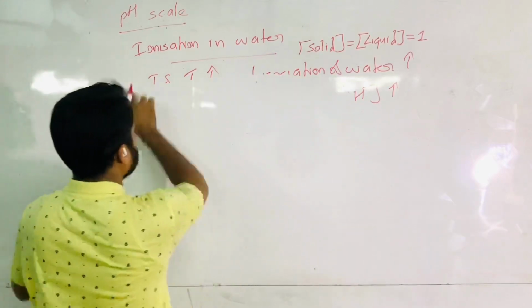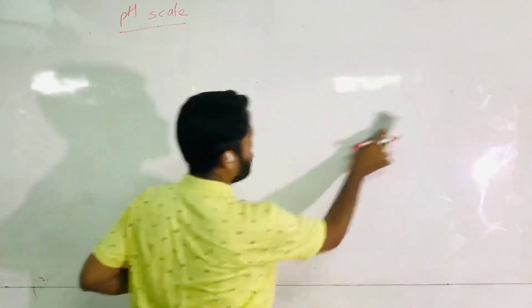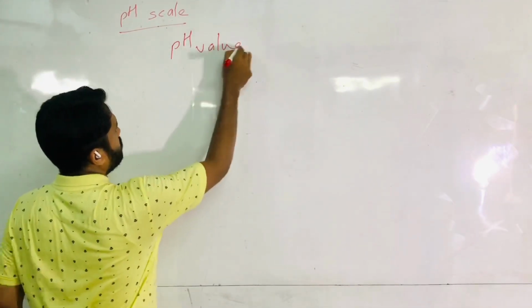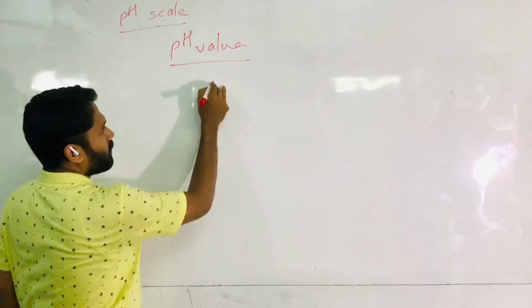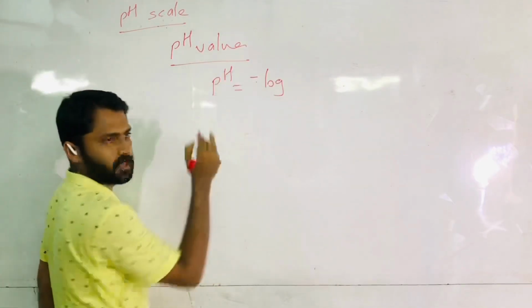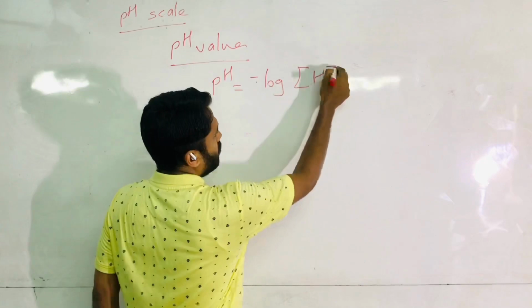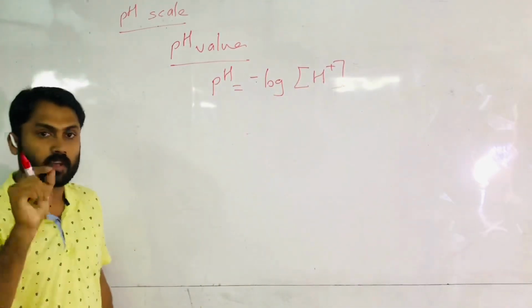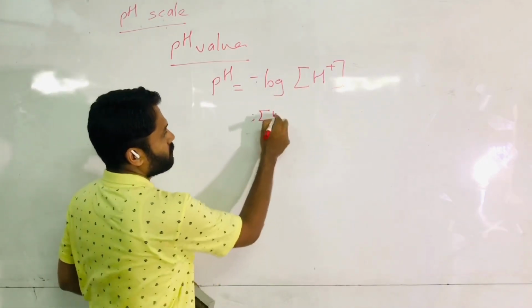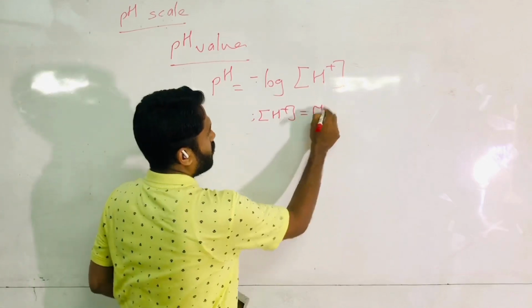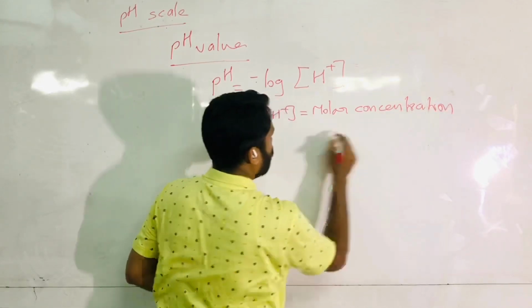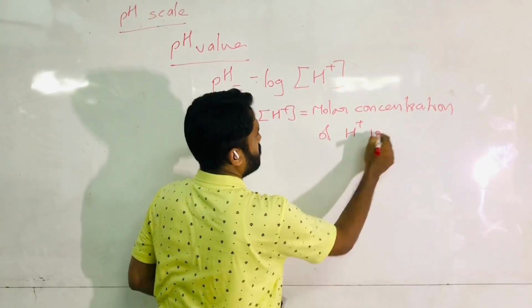Based on this idea, we can study about the pH value. It's a mathematical term. pH equals the negative logarithm of the molar concentration of H plus ion. It is not simply concentration, it is molar concentration of H plus.